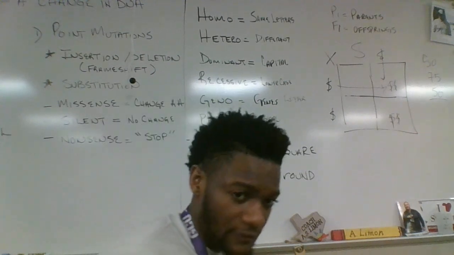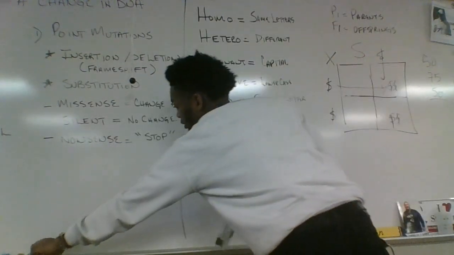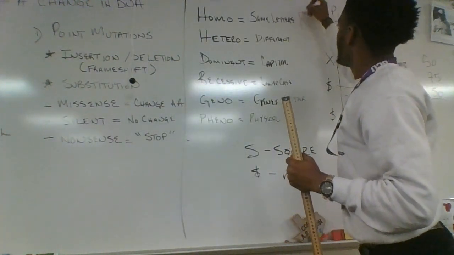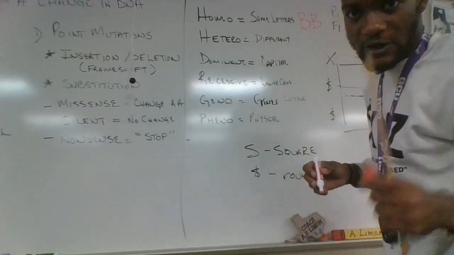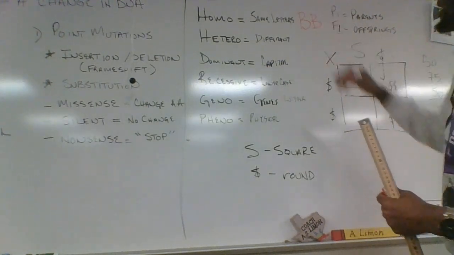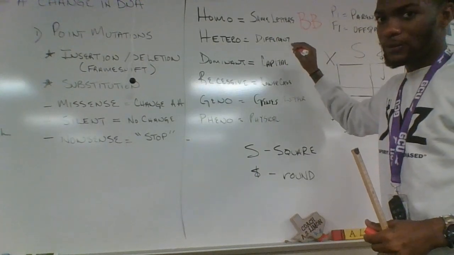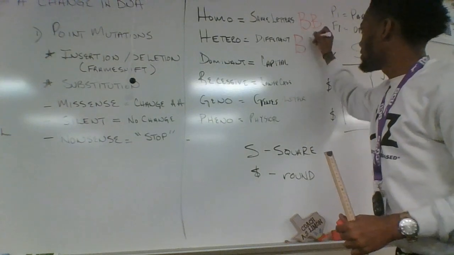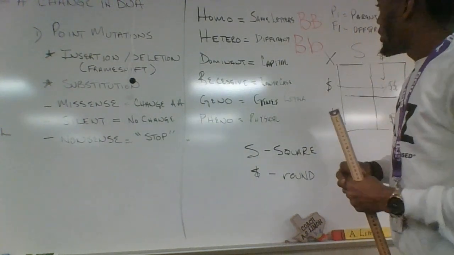So, for example, if I have uppercase, right? That would be a homozygous allele. Same letters. Hetero, different. That would be big B and a little b, right? Easy. Dominant.